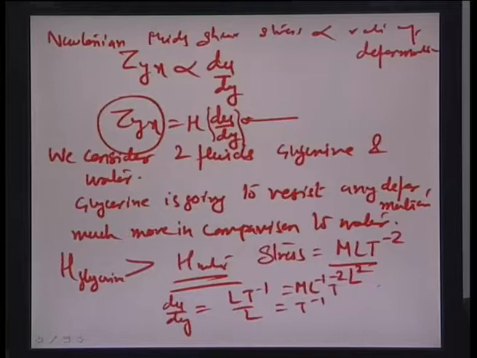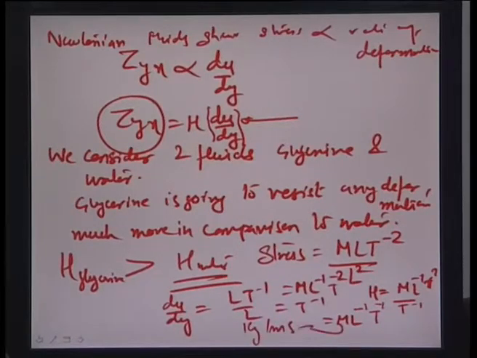Therefore mu would have units M L minus 1 t minus 2 by t minus 1, or M L minus 1 t minus 1. So the units of viscosity are kg per meter second. That is what viscosity is defined as.